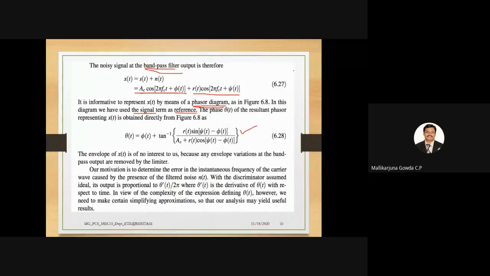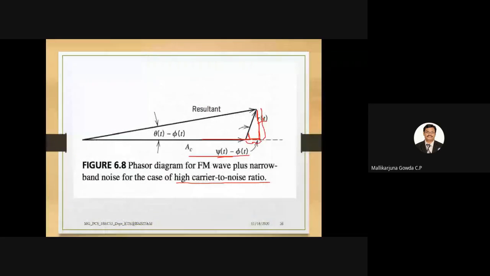Here what is written is theta of t, right? So how do I get theta of t? This angle will be theta of t minus phi of t. So from this I am writing the expression for theta of t.